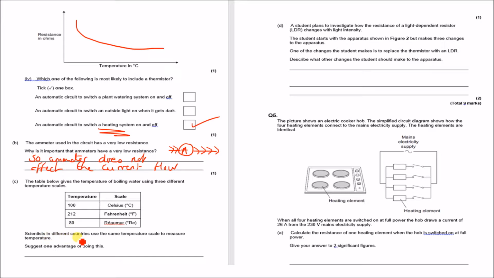Right, it says scientists in different countries use the same temperature scale to measure temperature. Well, if different countries have different languages and they're all using the Celsius scale, then when they are producing any information, any results, and they all use the same one, there won't be any confusion, which is really important. Because if they measure the temperature to be 100, and one of them is in Fahrenheit and one of them is in degrees C, and you didn't know which one it was, then it's going to make a massive difference.